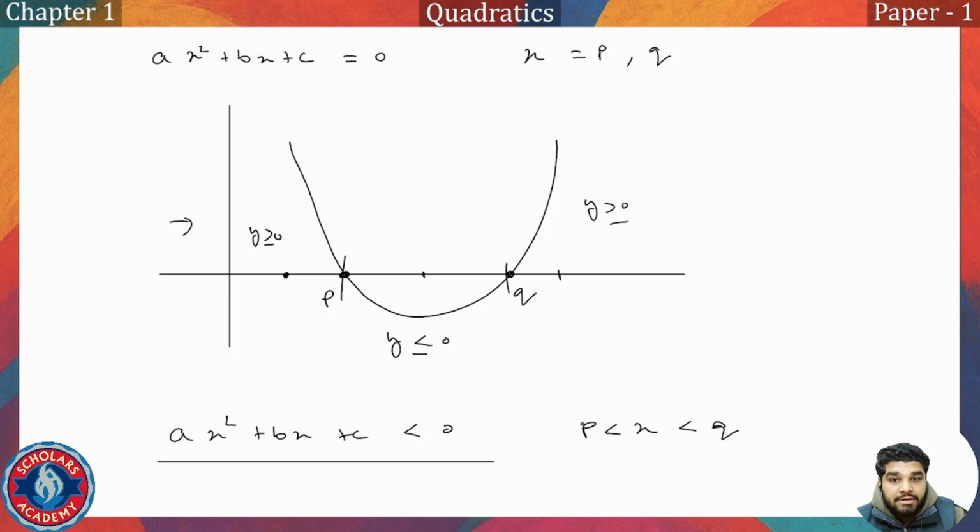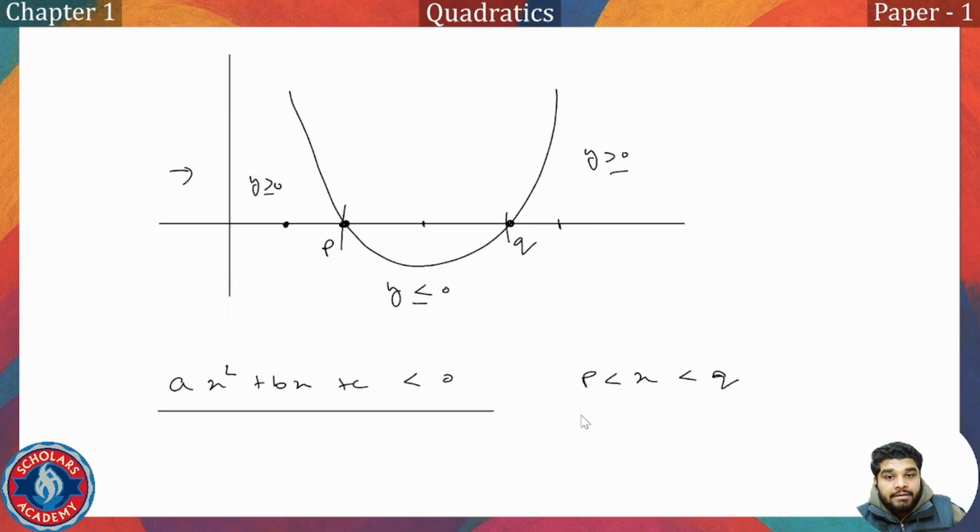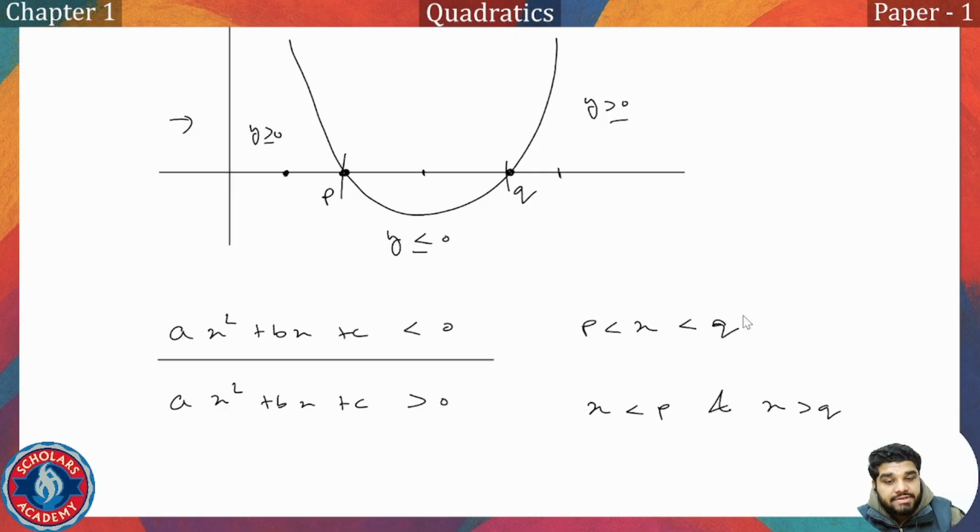Because at p and q the quadratic is becoming 0, and in between p and q we are getting y as negative, or less than 0. And if I take ax square plus bx plus c greater than 0, I will get two intervals: when x is less than p and when x is greater than q, right? So these are the two sets of intervals.